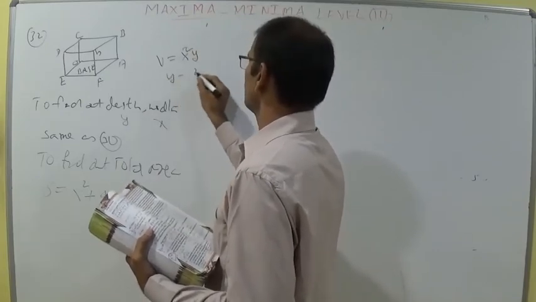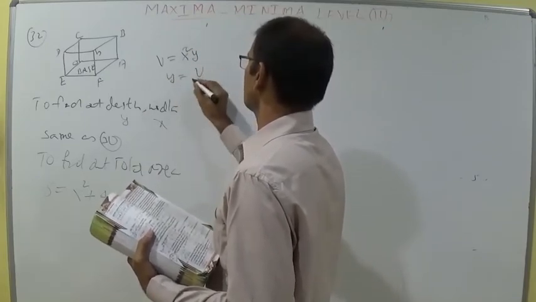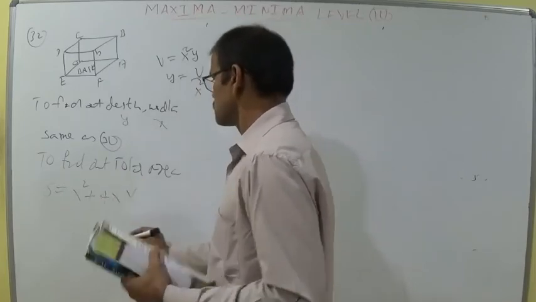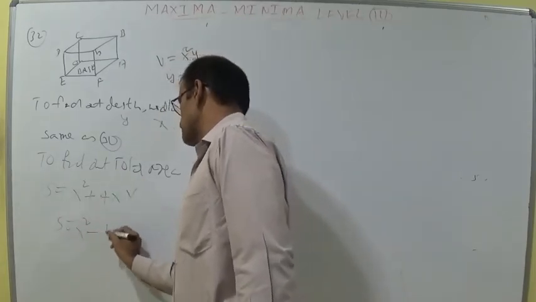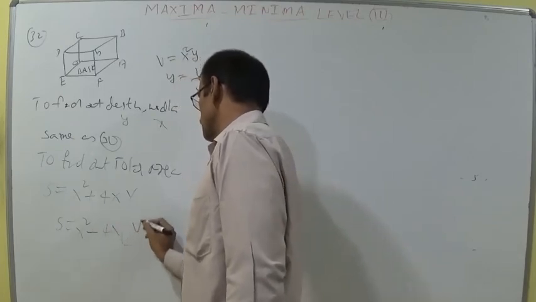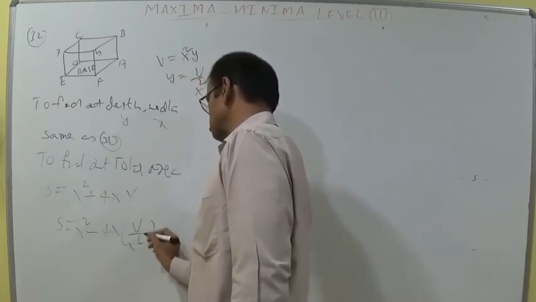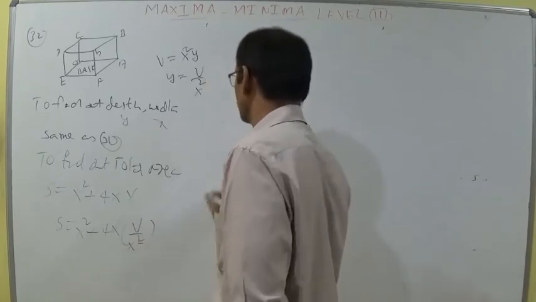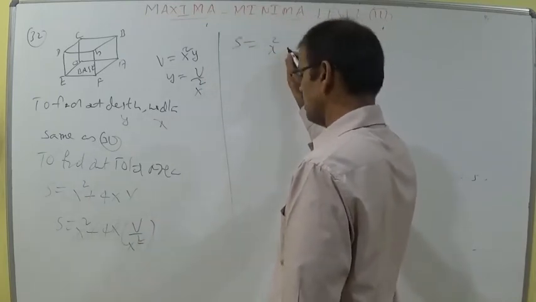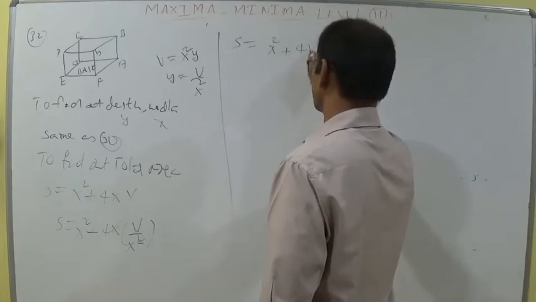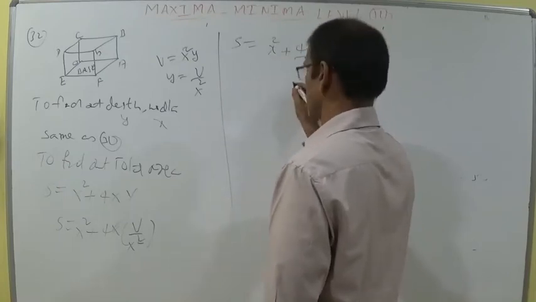Y is equal to V by x square. Substitute the value: S is equal to x square plus 4x into V by x square. X square got cancelled. The area S is equal to x square plus 4V by x.